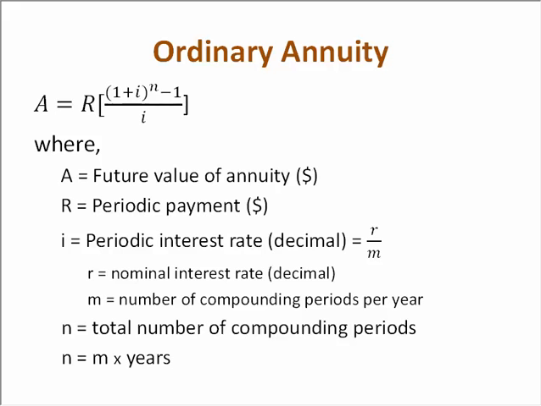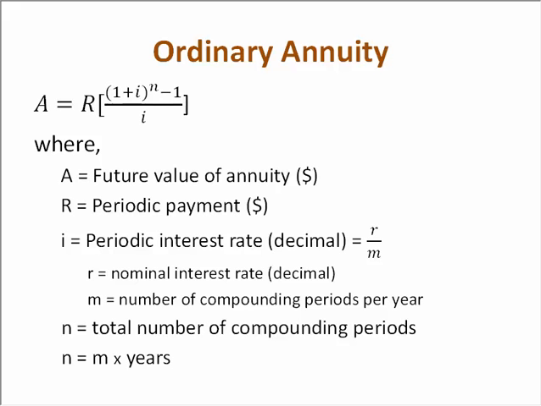The ordinary annuity equation is shown here, where A is the future value of the annuity, R is the periodic payment, that's how much we put in every 6 months or 12 months or biweekly.